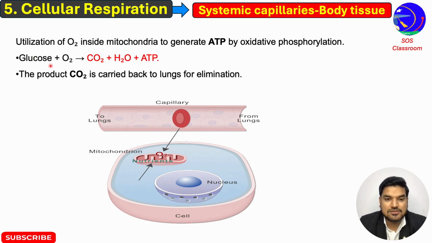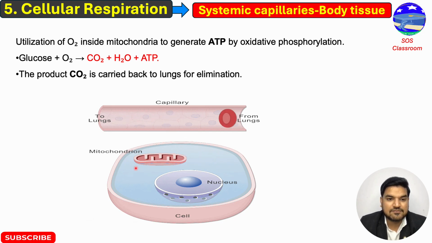Using glucose, oxygen and water, it changes into carbon dioxide plus water molecules plus ATP molecules, the energy molecules, and the CO2 produced is carried back to the lungs for elimination or expiration.